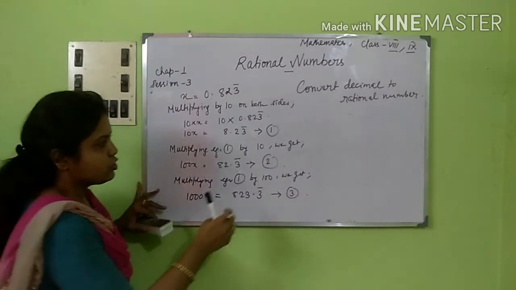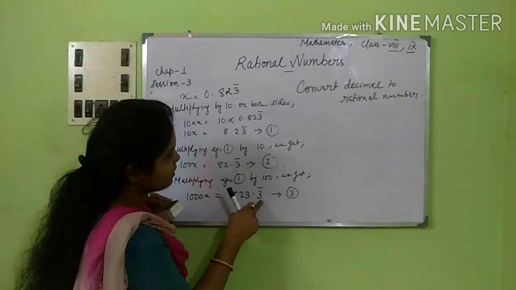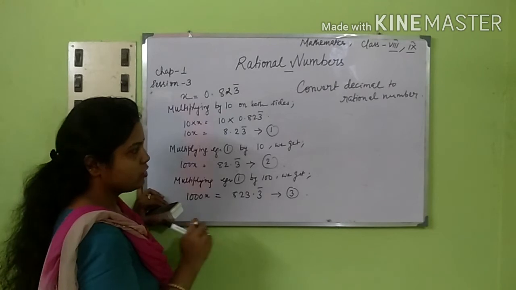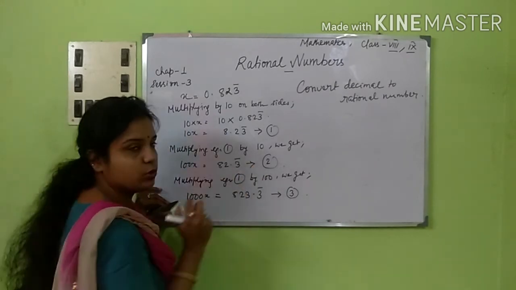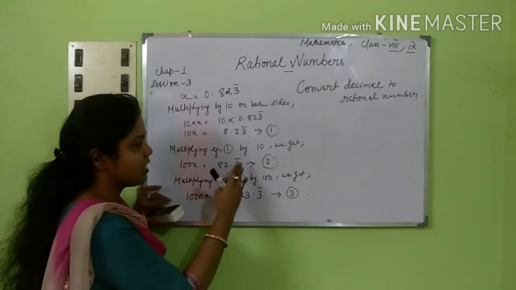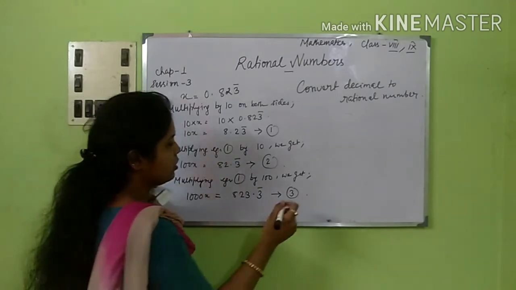See, we have only the recurring digits here on the right hand side of the decimal. So this is what our need was. We will keep only the recurring digits, that is the repeating digits after the decimal point.